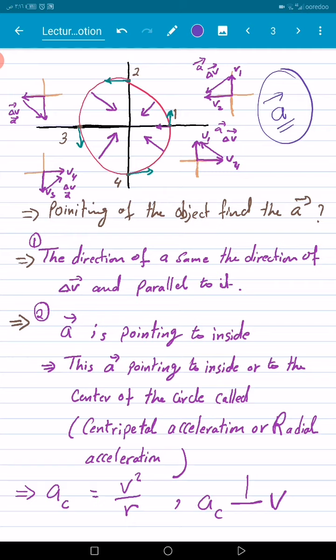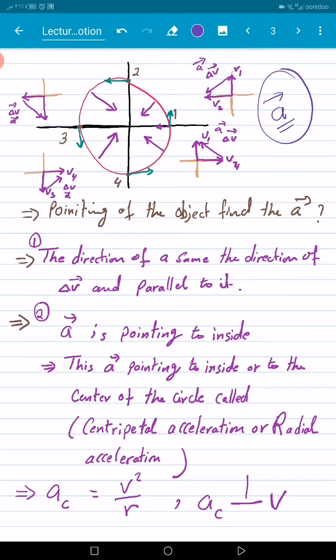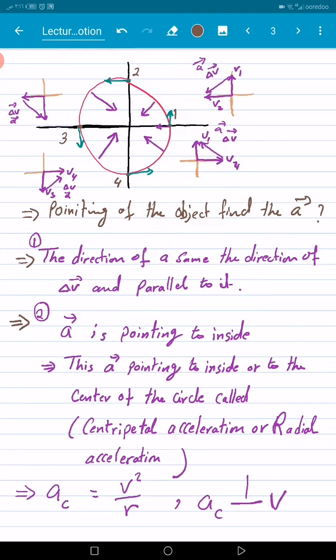I choose the directions of the vectors and see where delta V is and where the acceleration is, and I check it. The vectors can be shifted in any way, but you must respect the important conditions.